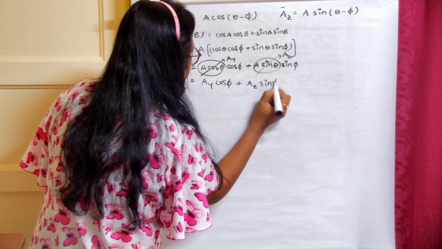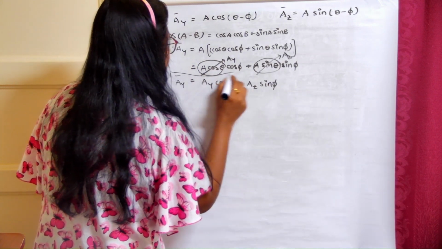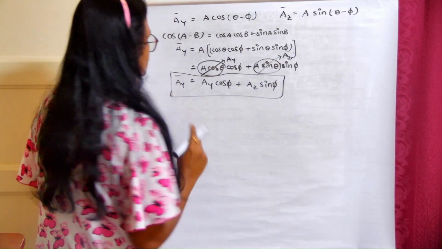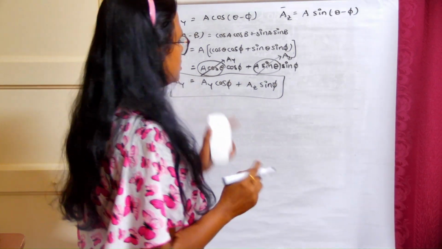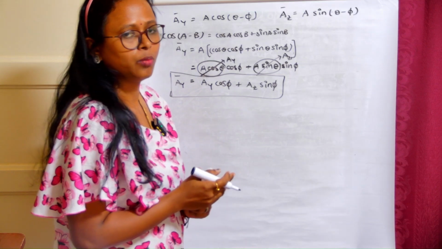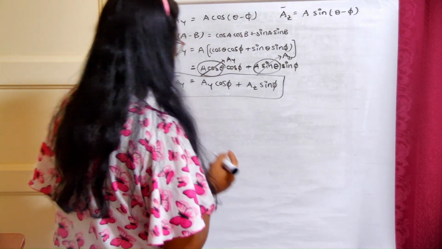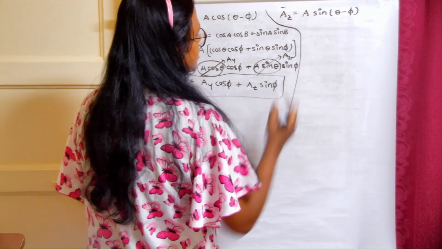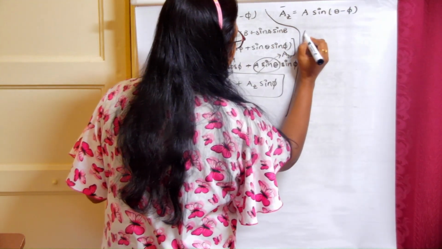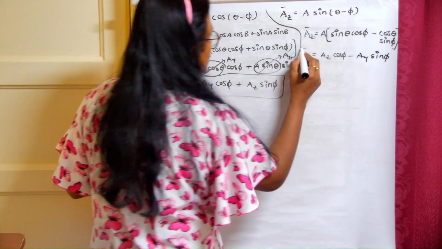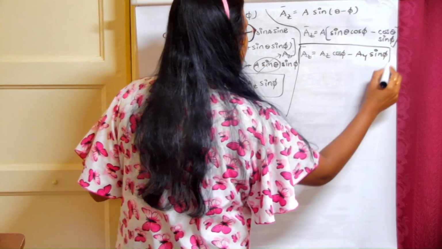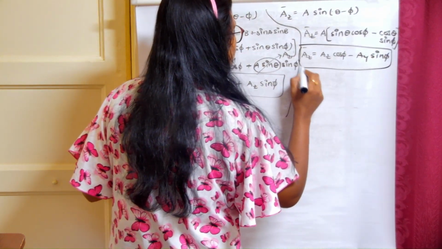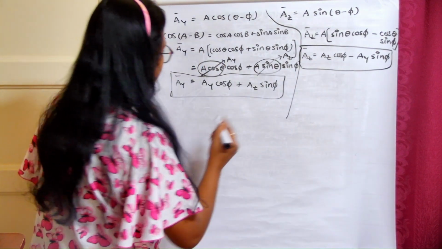This is the relation between the old coordinates and new coordinates of the Cartesian coordinate system when it is being rotated about the x-axis. Now we write down the same kind of term for Az bar. So this is the relation between old and new coordinates of A bar.